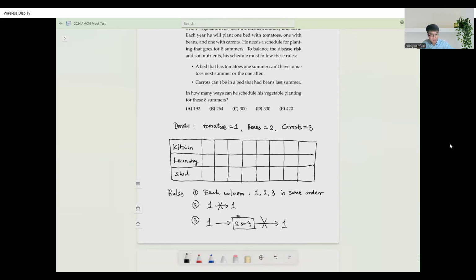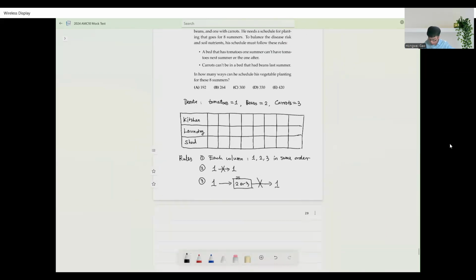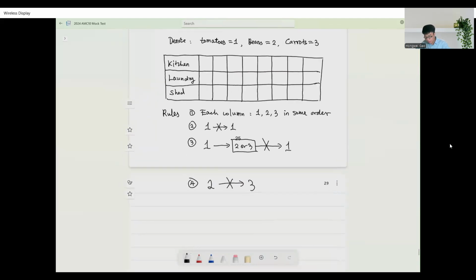That's the requirement for 1 for the tomatoes. We also have some requirement for beans and the carrots, that's 2 and 3. So after beans, it cannot be carrots. So after 2, it cannot be 3. This cannot happen. So those are all the requirements to put 1, 2, 3.